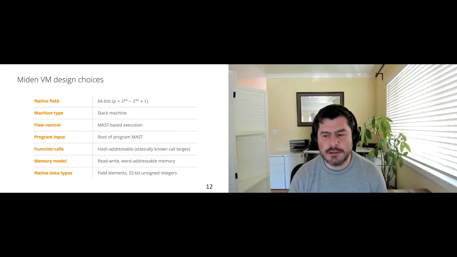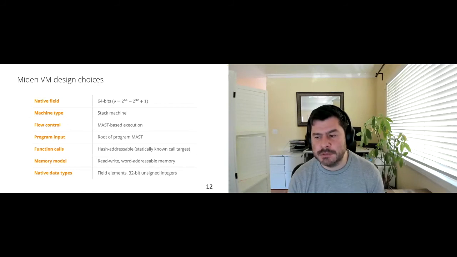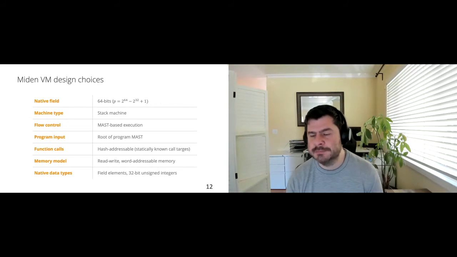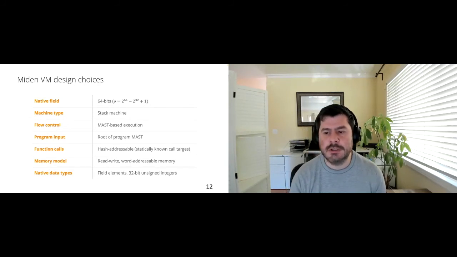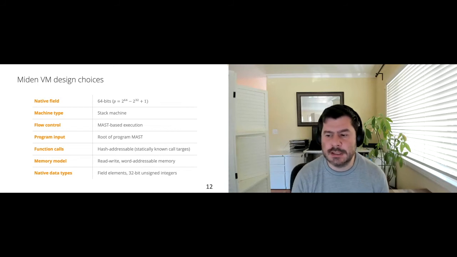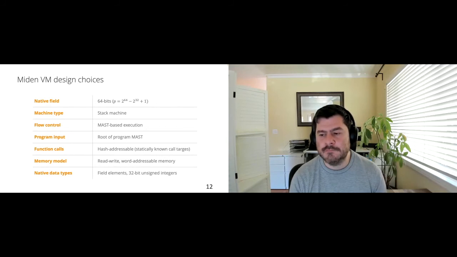And there are reasons for why we chose this. First of all, choosing read-write versus write-once memory makes sense, because it simplifies the programming model. And for word-addressable memory, in the use cases that I foresee for the VM, frequently we need to write in batches, and that actually improves the performance of the VM.